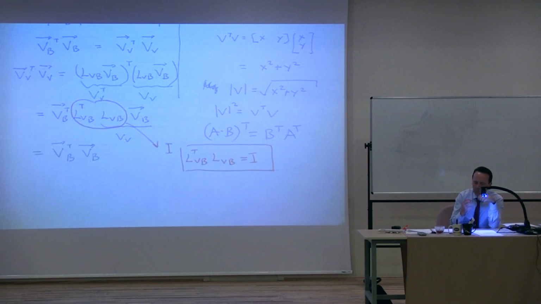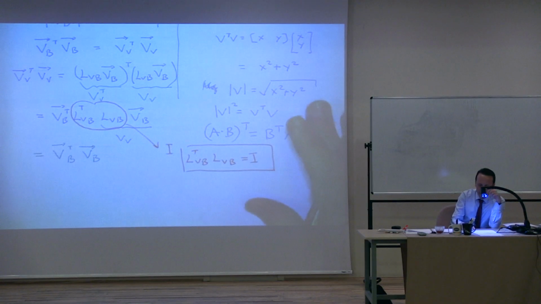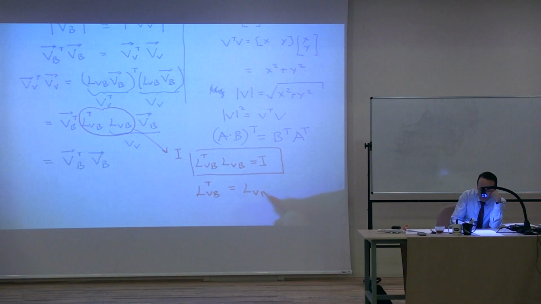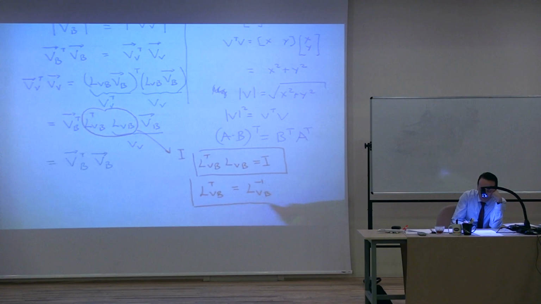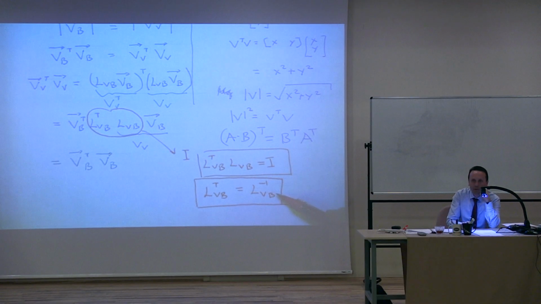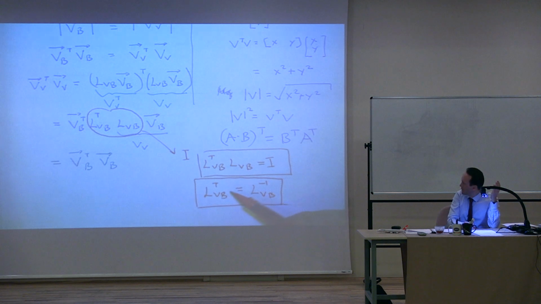So this is a great property because it also means the following. LVB transpose is equal to LVB inverse. You see, if I take it to the other side, it will be the inverse. So the transpose of the transformation matrix is actually equal to its inverse.